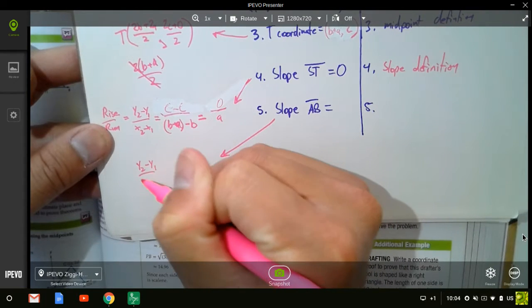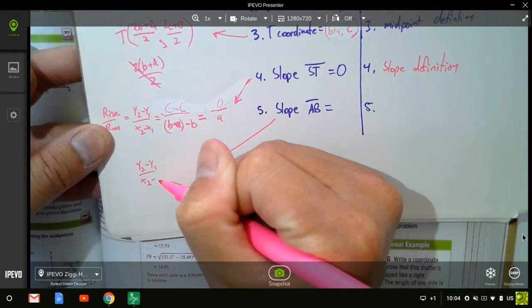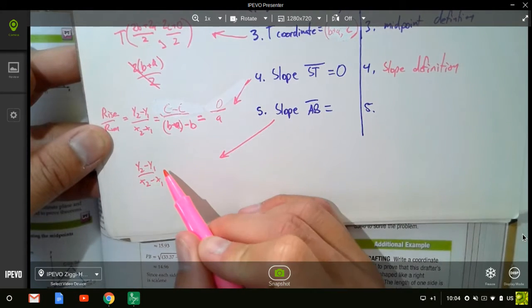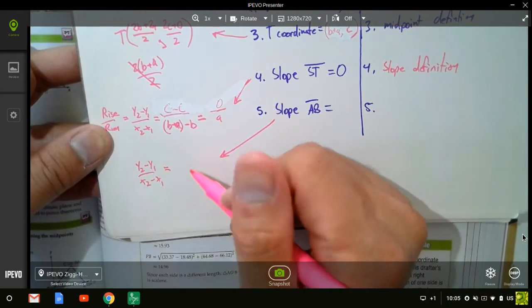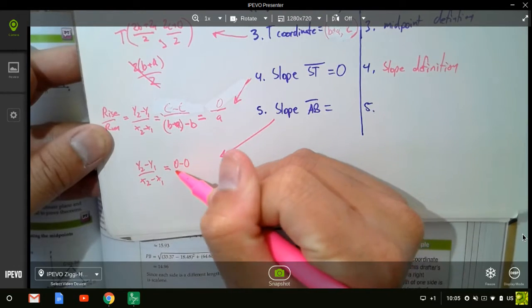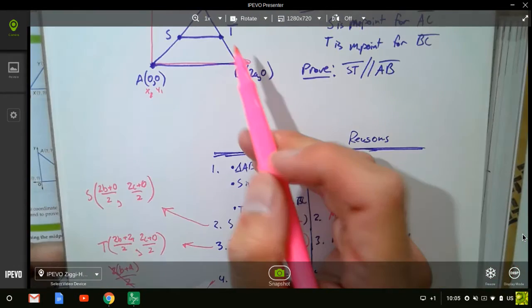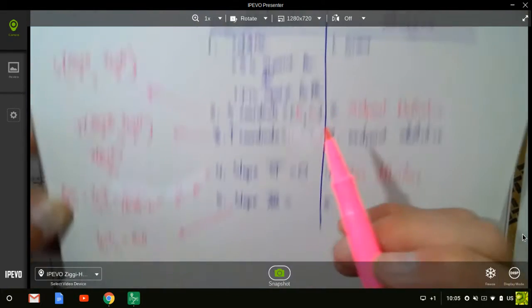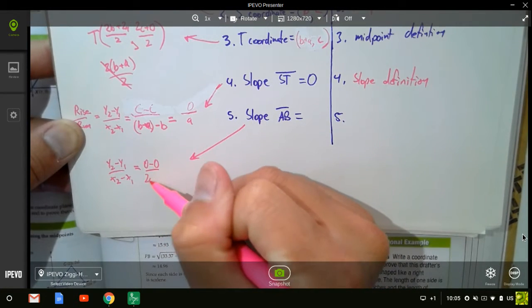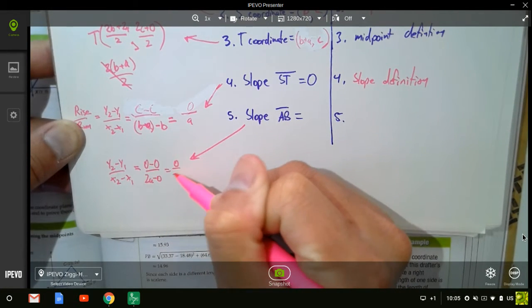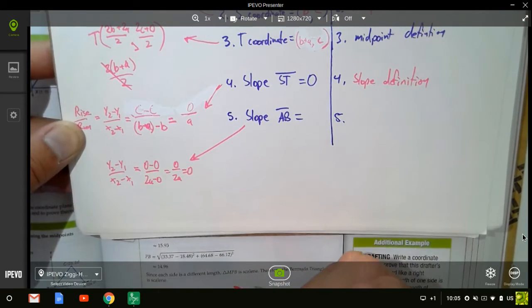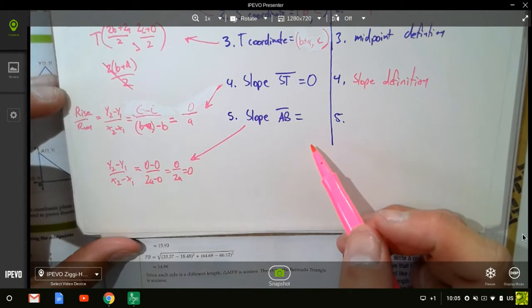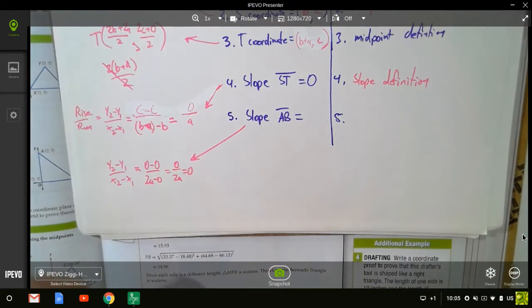You don't have to do this part here. I just want to remind you that we're using the slope definition of the slope formula. So we're going to do 0 minus 0 over 2a minus 0, which will give you 0 over 2a, which would just give me 0. So the slope of AB is equal to 0.